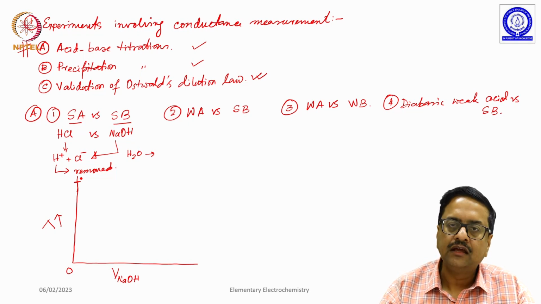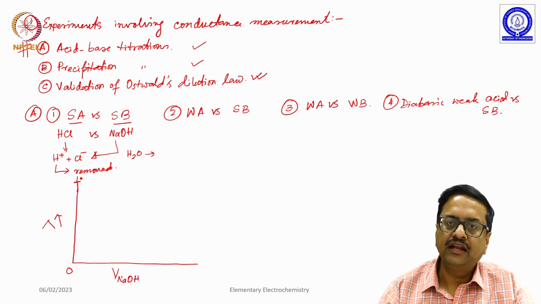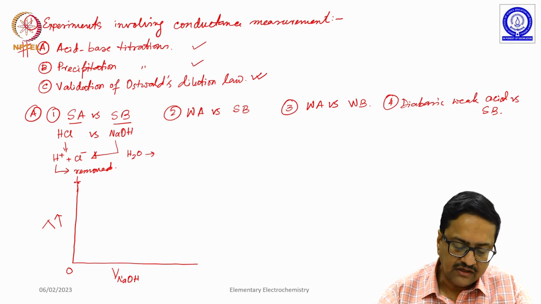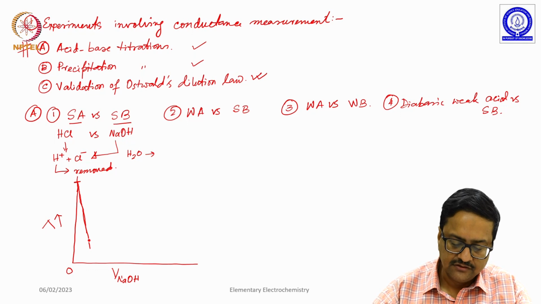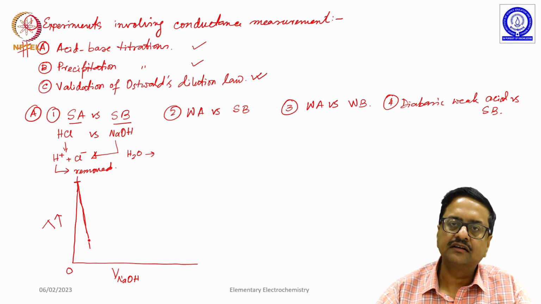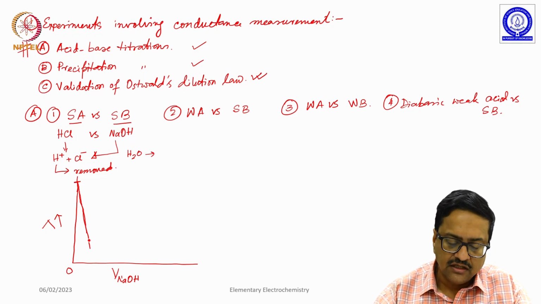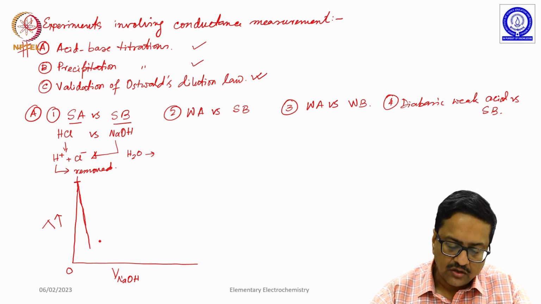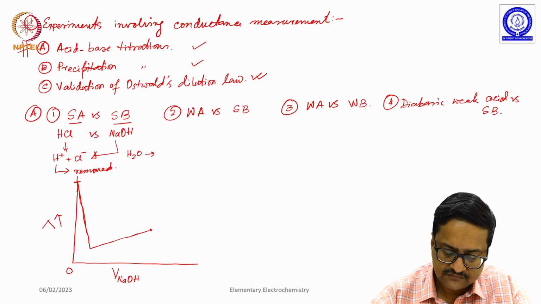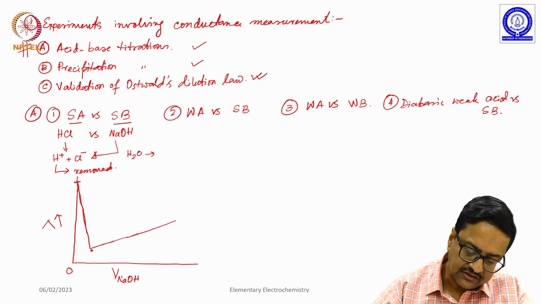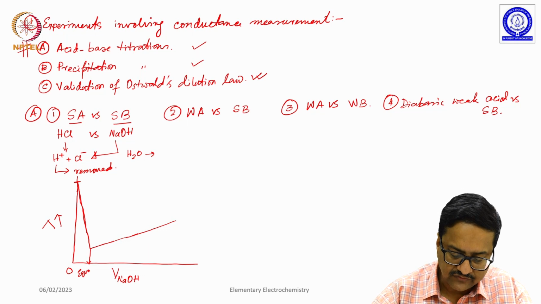But then with addition of NaOH, this conductivity will decrease very sharply and linearly. And then when all the H plus ions are consumed, that is, the neutralization has taken place, on addition of NaOH solution, this conductivity will slowly rise. The point at which this transformation happens is your equivalence point.